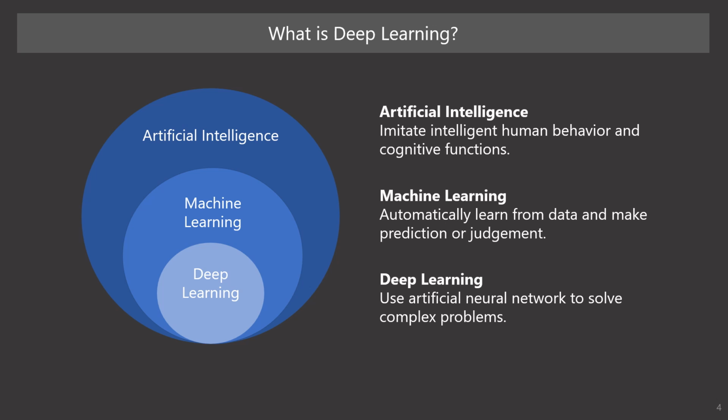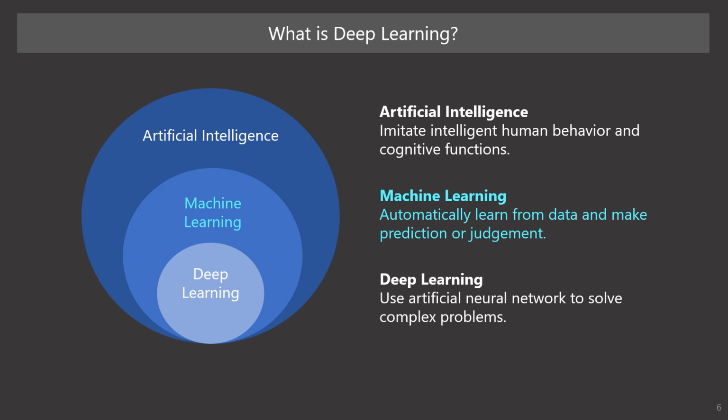First, let's see the relationship between artificial intelligence, machine learning, and deep learning. Artificial intelligence is a technology that makes machines imitate intelligent human behavior and human cognitive functions. Machine learning is a branch of artificial intelligence, in other words, an application of artificial intelligence.